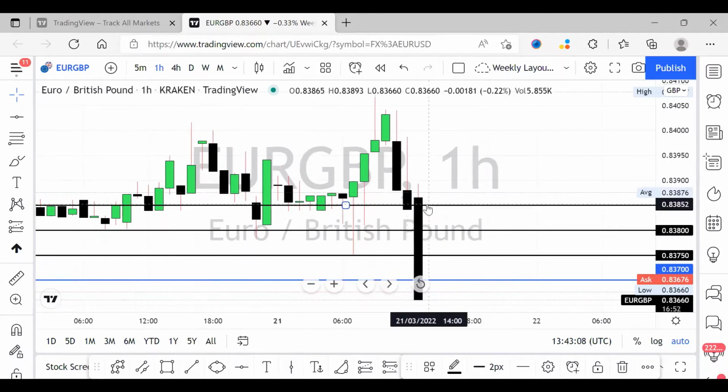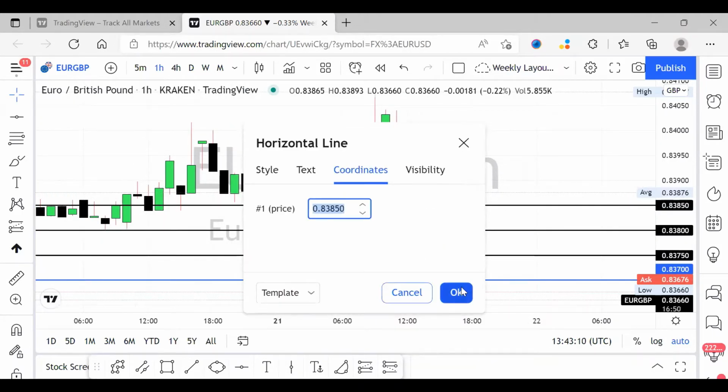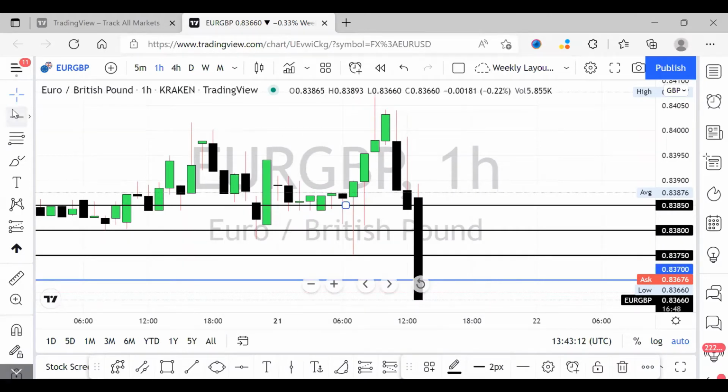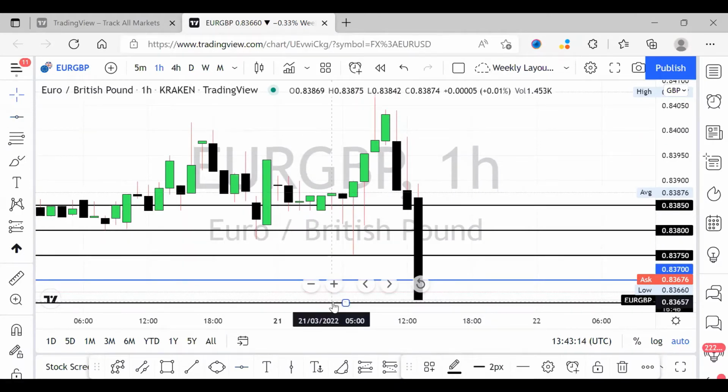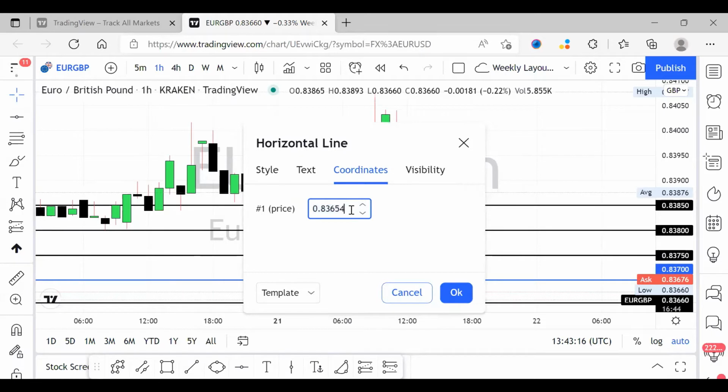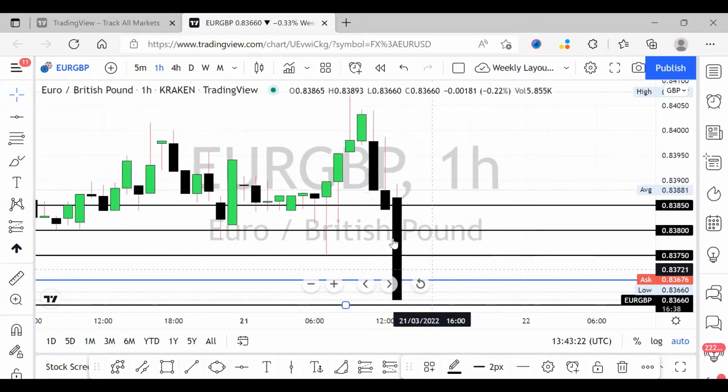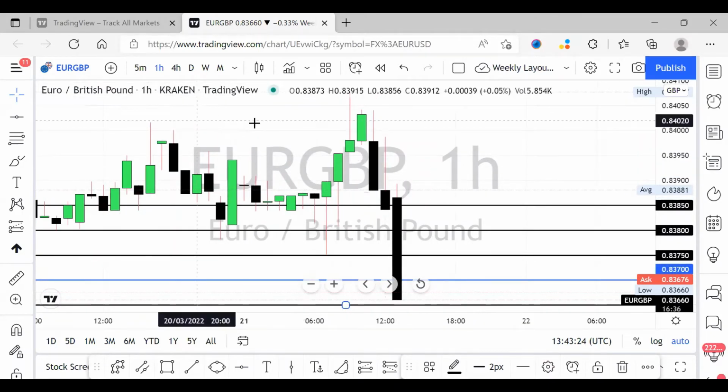Once you see that, if I now go to a lower one, 650, when price reacts from a zone, please try and do this from the hourly or the 5-minute.